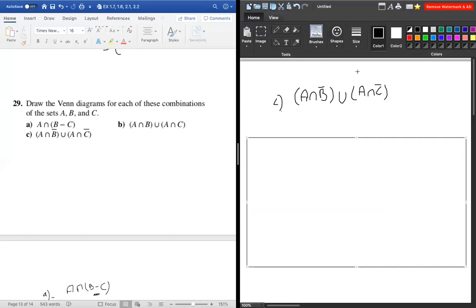Let's make this A. Let's do this part, A intersection B complement, first.